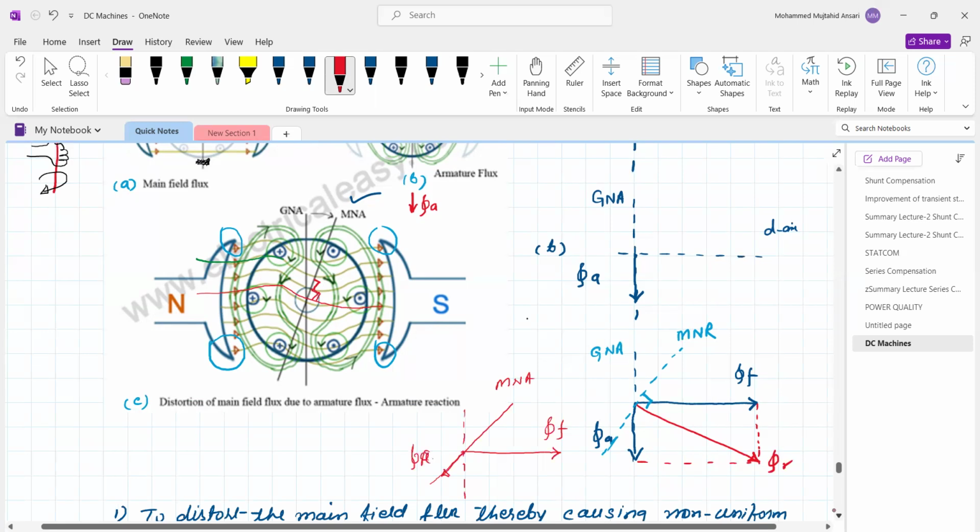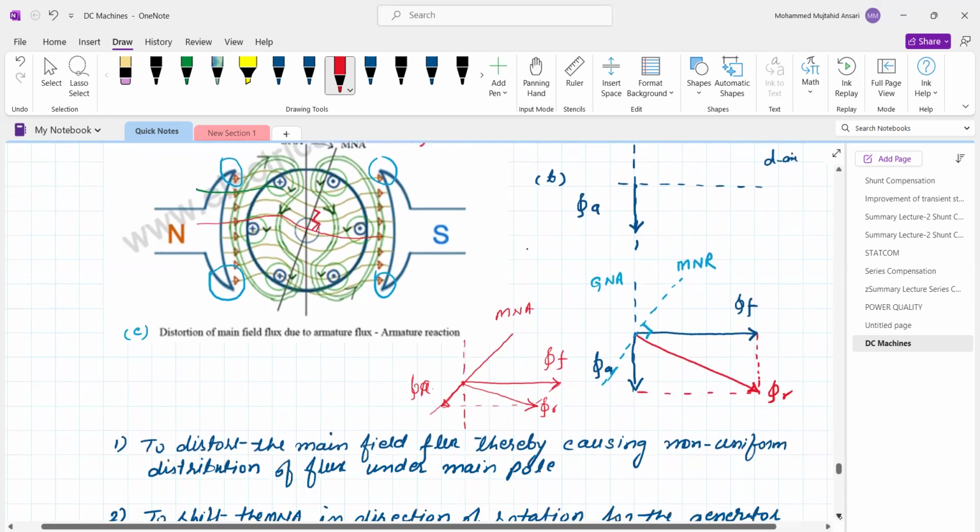The resultant will be like that, and the magnitude of the resultant magnetic flux phi r is smaller than the flux under no load condition. So the first statement is satisfied, that the net magnetic flux gets reduced. This is what we discussed in the last lecture.